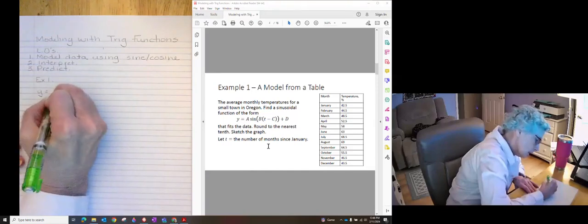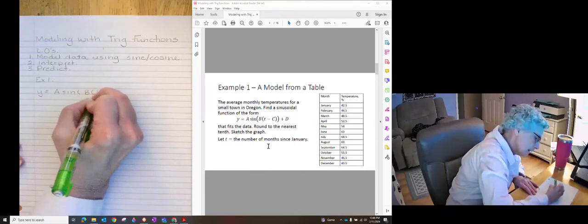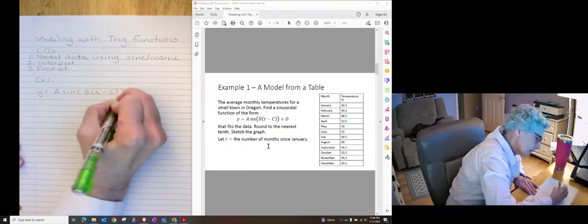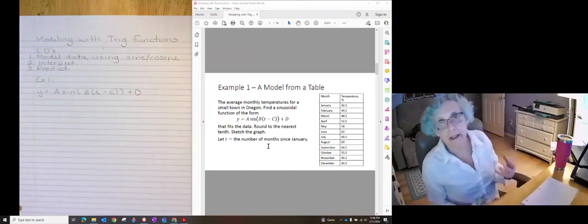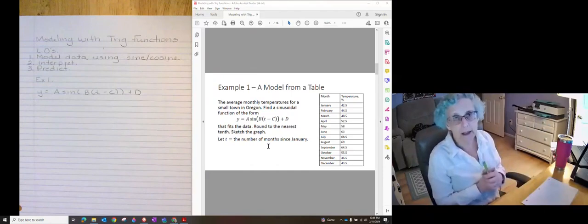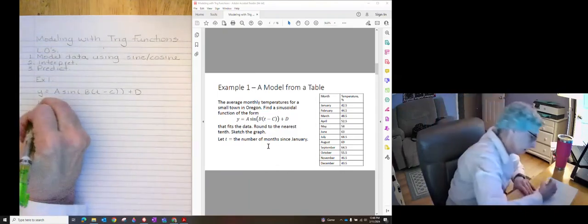Our goal is A times sine of B times (t minus C) plus D. I write it down just to get into my head exactly what I'm going for. We want to round to the nearest tenth and sketch the graph, and we're going to let t equal the number of months since January.